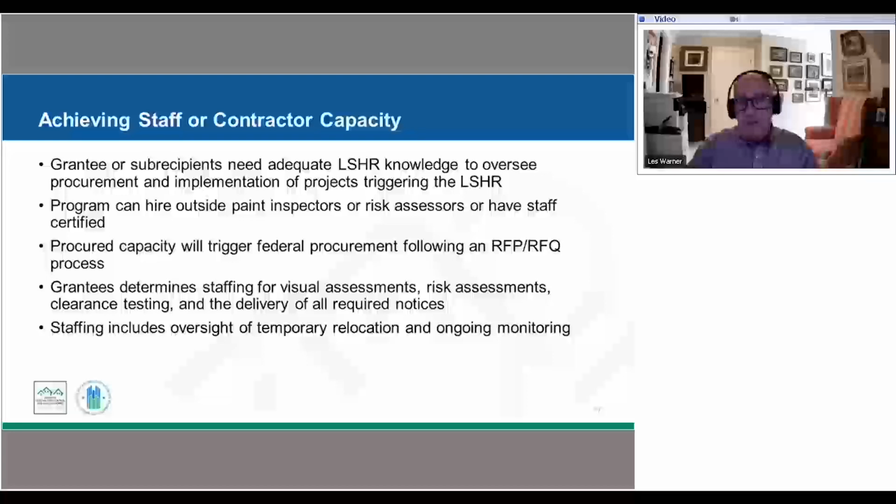We talked about deciding on some of these key things, like the evaluation and the treatment: will that be completed by internal staff or by an outside party? If we're going to hire our inspectors and risk assessors, or hire third-party testing for clearance, we probably have to go through procurement on that.